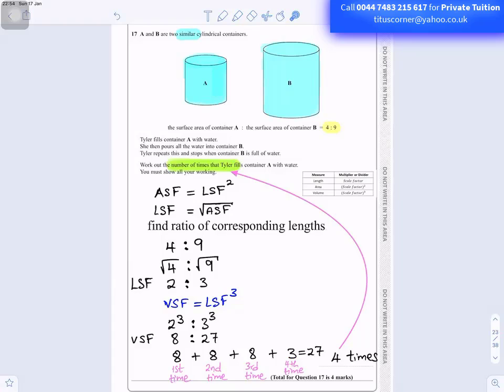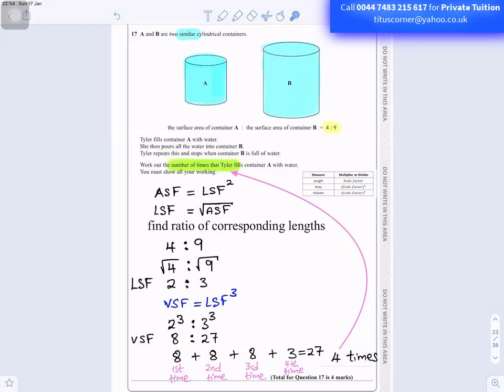So that means the ratio is 8:27. So how many times does 8 go into 27? 8, 16, 24, plus 3 gives 27.